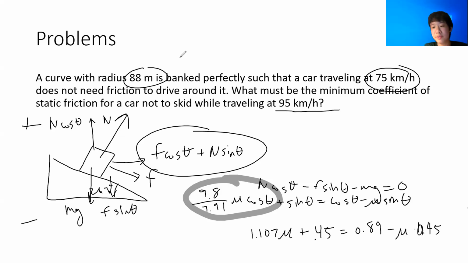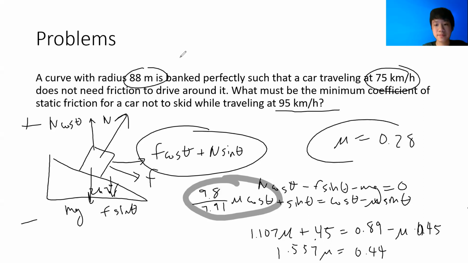If we move all mu's to the other side, then we're going to have 1.107 plus 0.45. So 1.557 mu equals 0.89 minus 0.45. Again, minus 0.44. Dividing through by 1.557 gives mu as equal to 0.44 over 1.557.